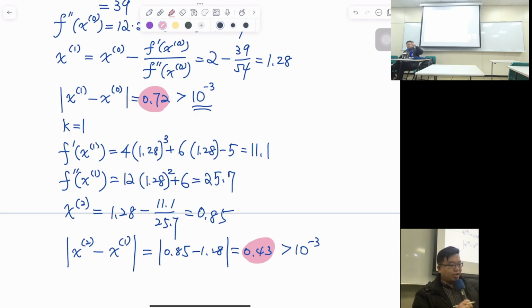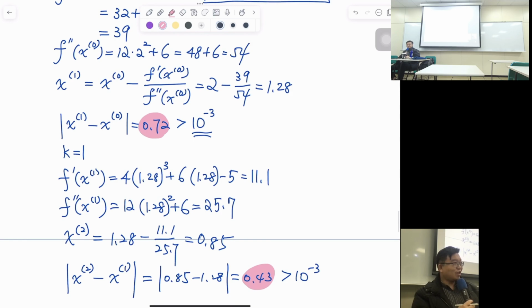So by 2 iterations, you already see the difference is getting smaller and smaller. If I do one more, I hope the difference is getting even smaller. So eventually, I should be able to find a solution. That's the idea. Actually, that's how you do it, by Newton's method. Just keep on doing until you get an even smaller value.